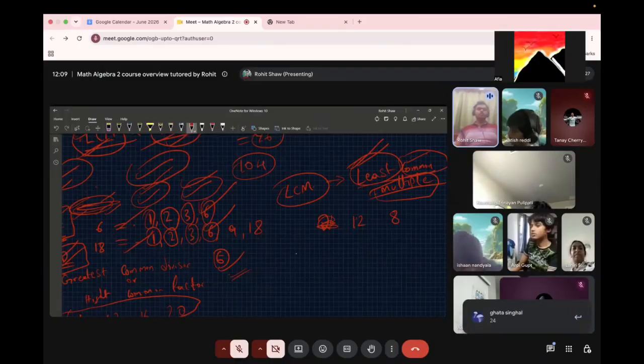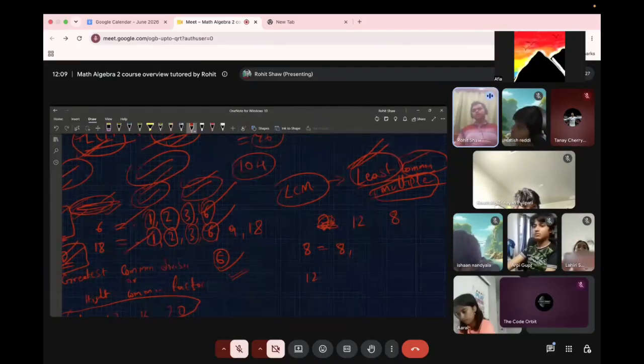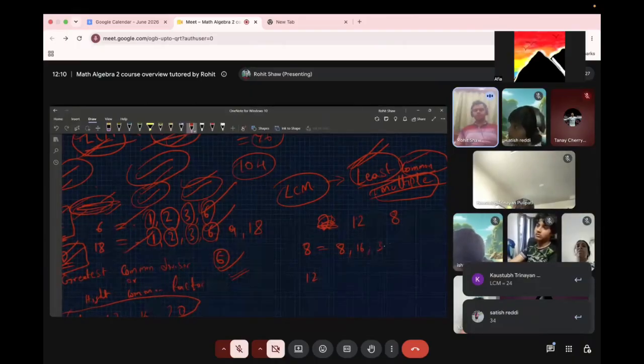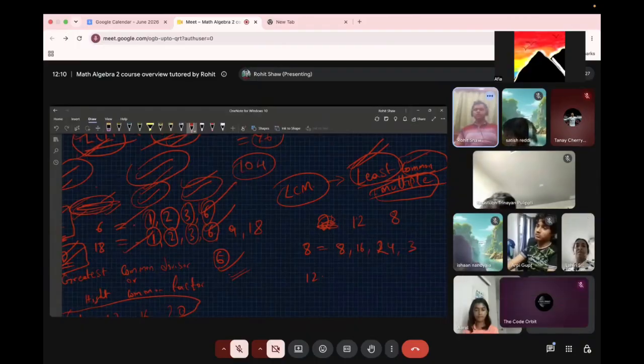I have to find the least common multiple. So what I'll do is write the table of 8 and 12. The multiples of 8: 8 ones are 8, 8 twos are 16, 8 threes are 24, 8 fours are 32.